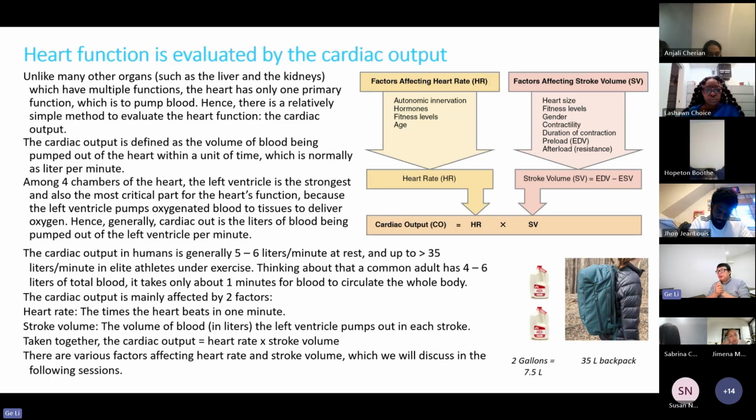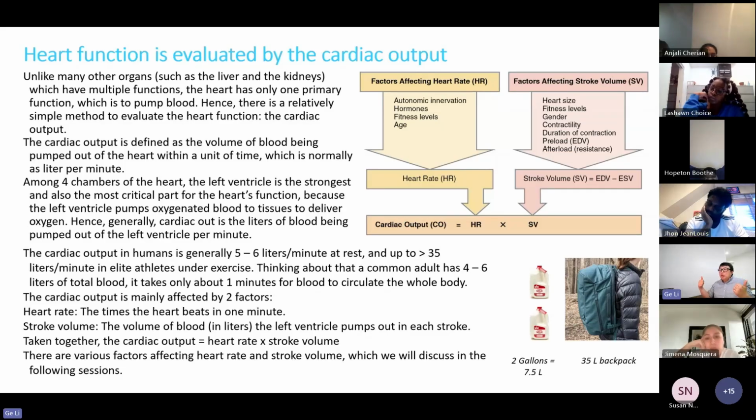Another thing: which is the most important part of the heart? There are four chambers, right? The left ventricle, left atrium, right ventricle, right atrium. Which one is the most important one? Left ventricle, yes. So for cardiac output, we particularly focus on the left ventricle.